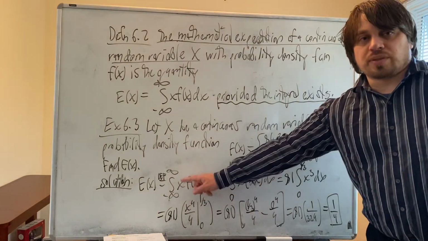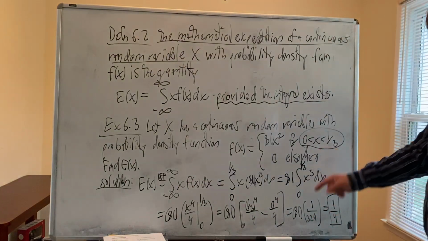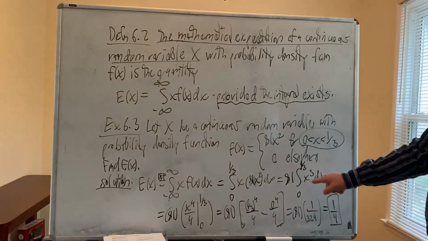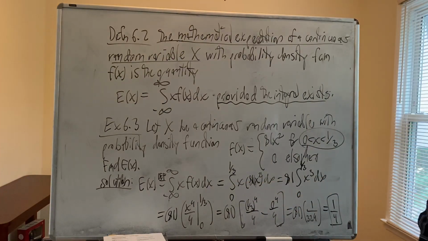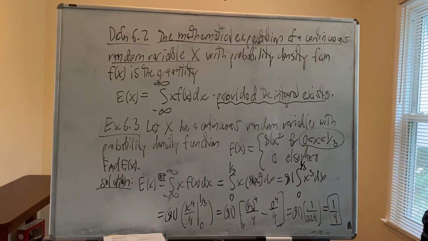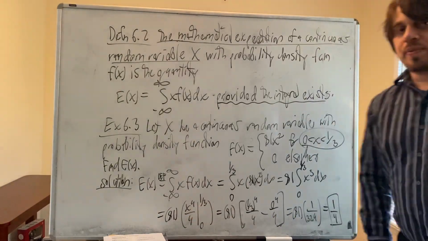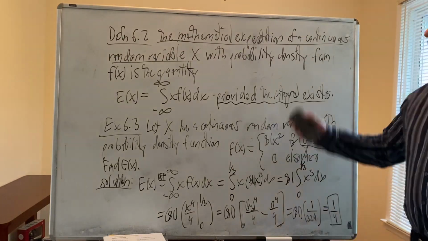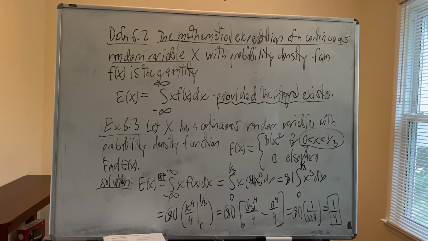You don't have to compute the integral from negative infinity to infinity. Instead, it's from 0 to 1/3. I moved the 81 out. X times x squared is x cubed, and then I just used the fundamental theorem of calculus to calculate this definite integral, which is 1 over 324, and multiplied it by 81. 81 over 324 is 1/4. That's the definition before the example. Okay, so let's keep going.